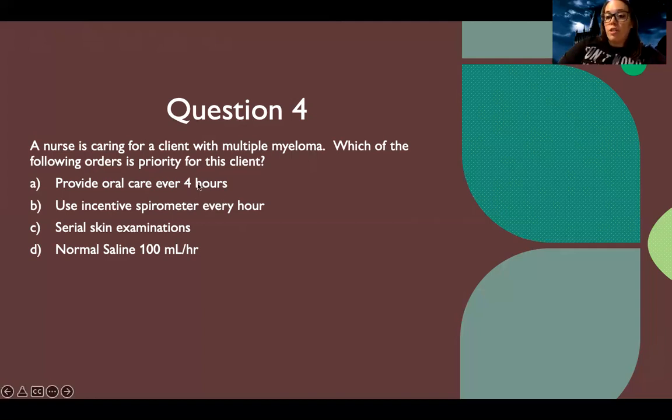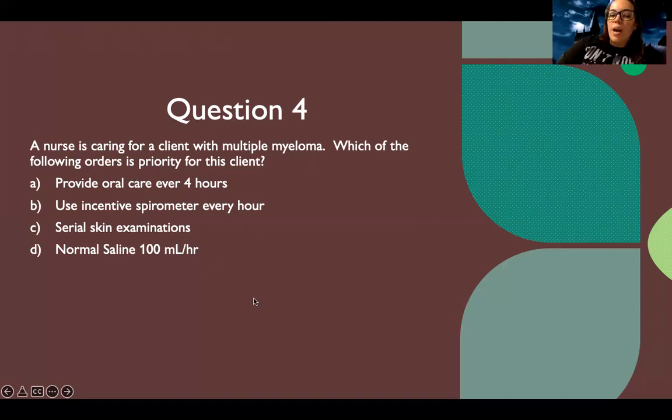You have to pay attention to the four, because maybe it's kind of correct. For example, in adult we've had questions about TPN, asking how often you need to check a blood sugar. And if it said every 8 hours, that would be incorrect. Yes, we need to check a blood sugar, but we need to check it more often. So you do need to pay attention to the numbers here, because the numbers could trip you up.